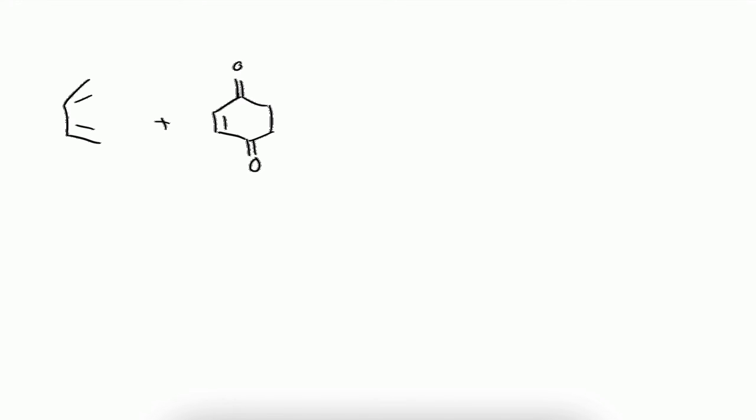What we're going to get now. Again, the mechanism is just the same. I'll illustrate the bonds again. Bonds forming between these carbons. I'll actually draw the bonds in green again.